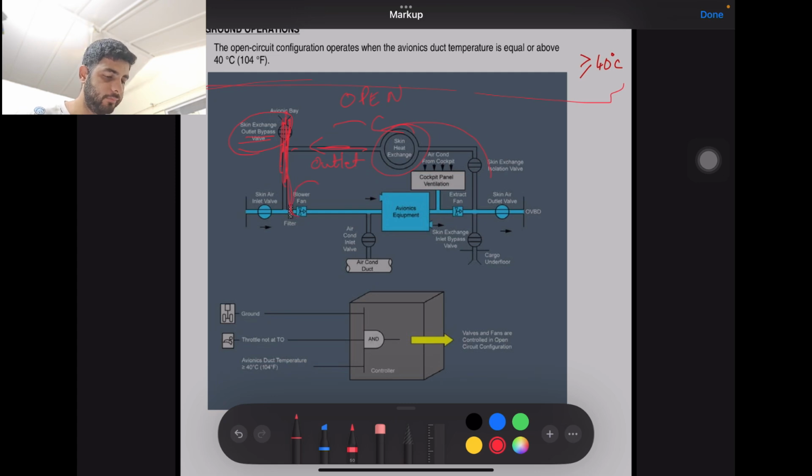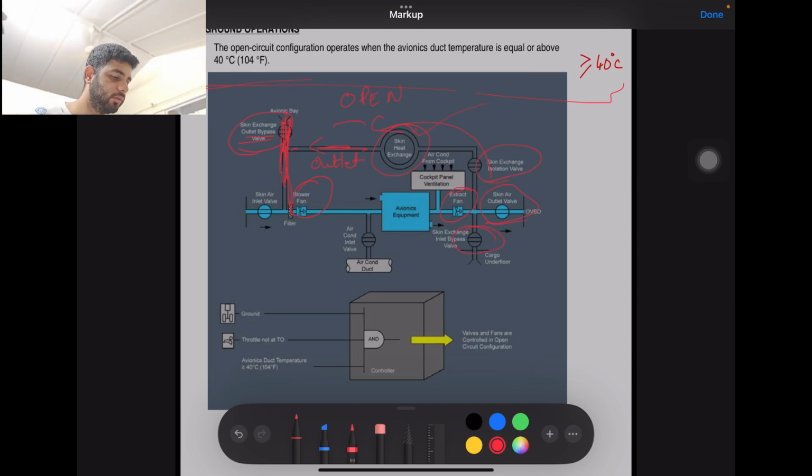Okay, we have a blower fan. You could imagine it as a normal fan, which just keeps on blowing air, and you have an extractor fan which sucks the air out of the avionics equipment and throws it towards the skin air outlet valve, otherwise your skin exchange isolation valve for your skin heat exchange.